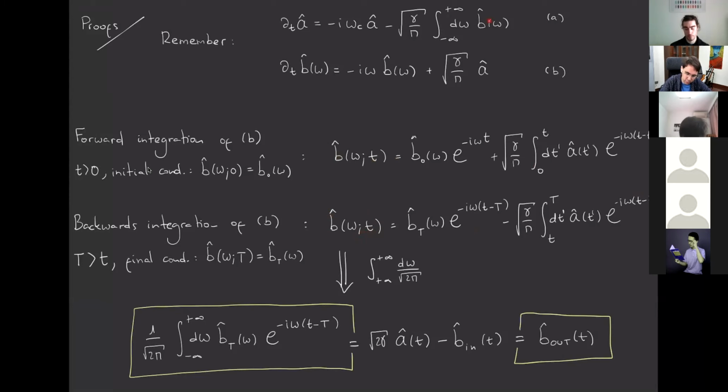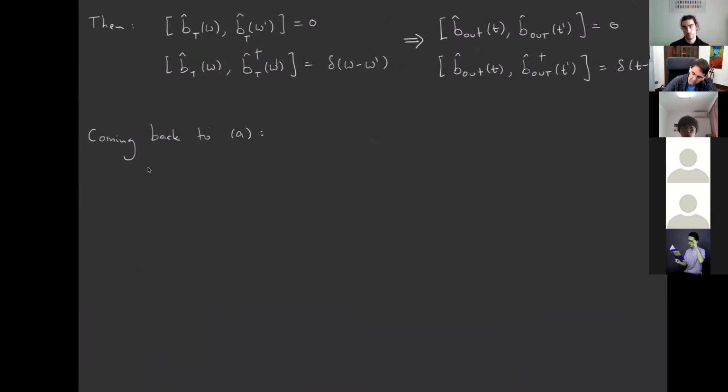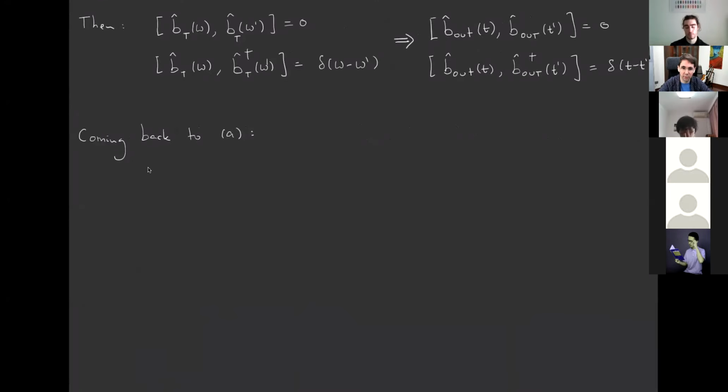So now we can substitute it in the equation A and find a dynamical equation for the intracavity operator A. So of course, when we put the forward integration, we will get just the quantum Langevin equation that we know. But now what's interesting is also what happens when we put the backwards integration. So what do we get? So let's see it, and you will see that it's actually quite interesting.